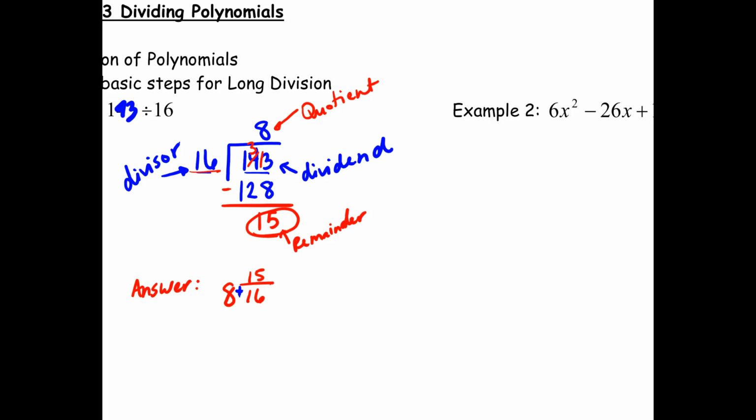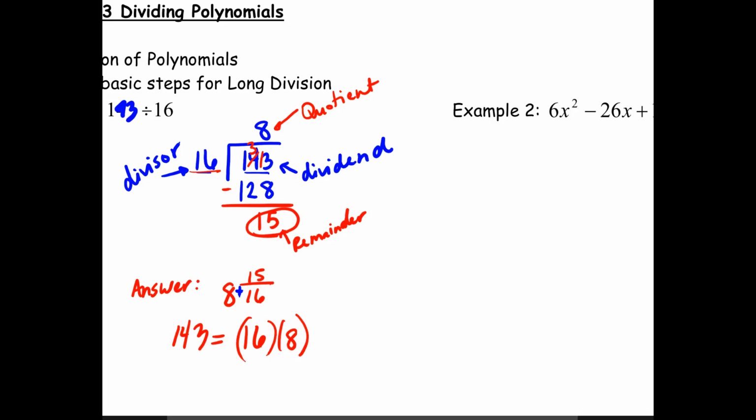The other way to look at it, and this is the second way to look at it, is seeing that 143 is equal to the result of 16 times 8 plus 15. Now I want you to just write both of those ways, simply because it will show you the two ways to write your answer when we start working with x's and x squareds and such.